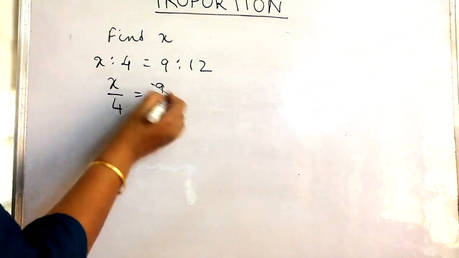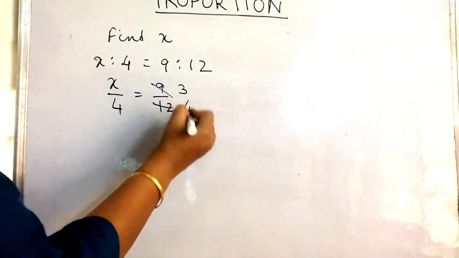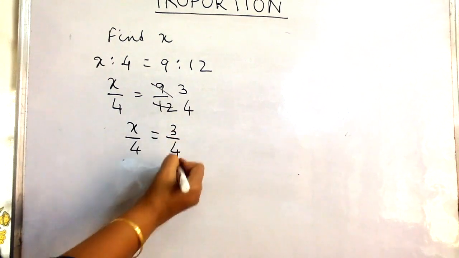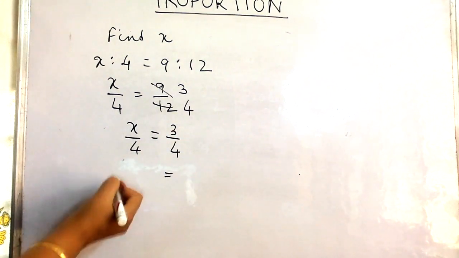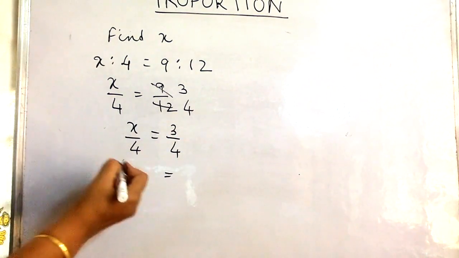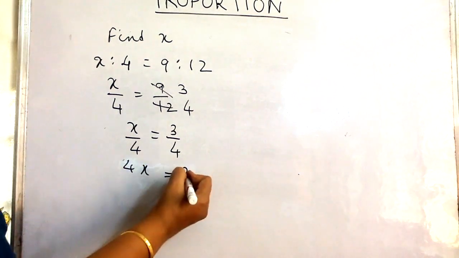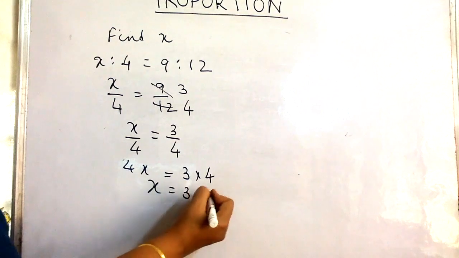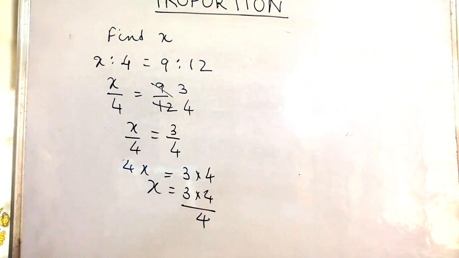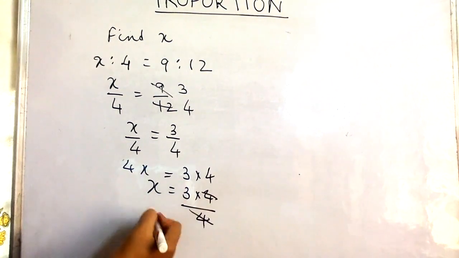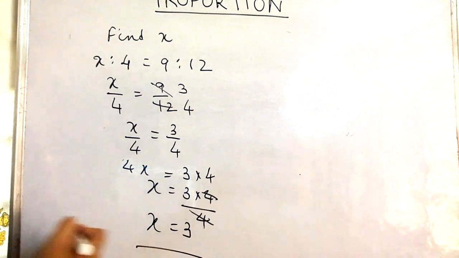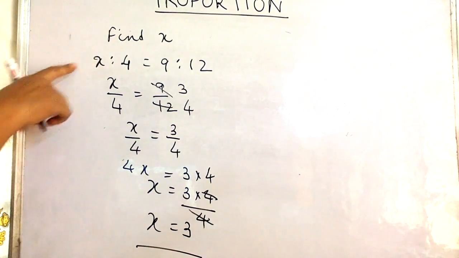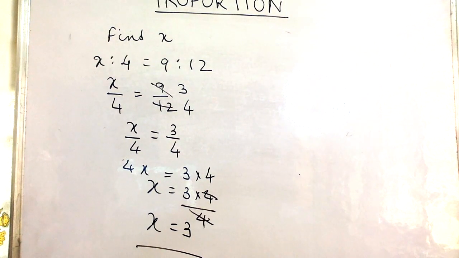We can reduce it a little bit, 3 by 4. So x by 4 is equal to 3 by 4. Now if we cross multiply, 3 into 4, so x is equal to 3 into 4 by 4, and that is x is equal to 3. So the value of x is 3 here if these are in proportion.